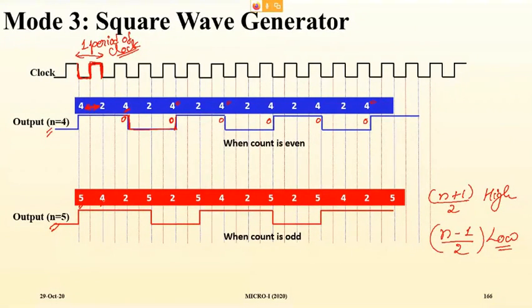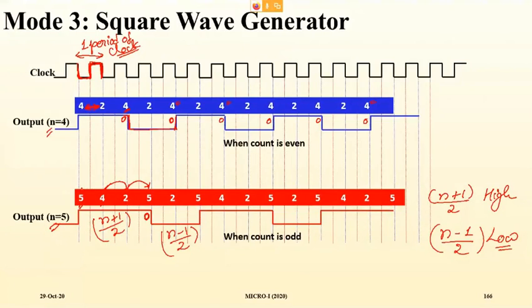So 5 to 4, and then from 4 to 2, and then 2 to 0. Here it is 0 basically, but again it is reloaded by 5. So we can see the output is remaining high for (n plus 1) by 2 time periods and low for (n minus 1) by 2 time periods, and the count is decremented by 2.